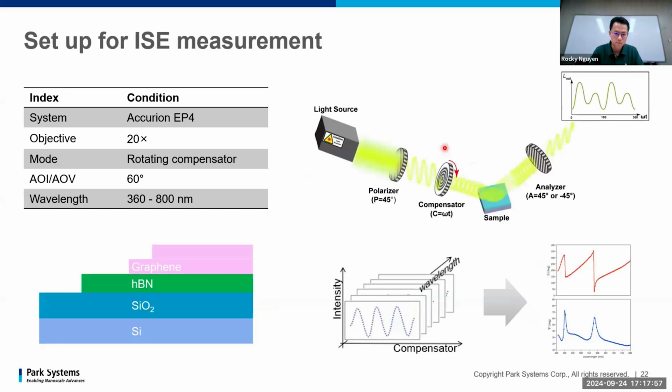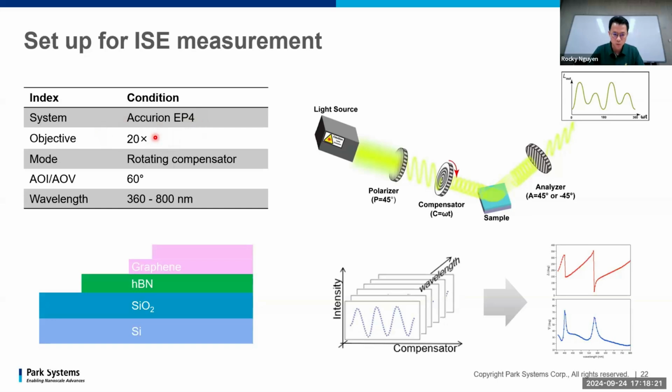So let's briefly look at the setup for IC measurement. In this measurement, we use the Accurion EP4 ellipsometer equipped with a 20x objective lens. This setup allows a resolution down to a single micron in the lateral direction.